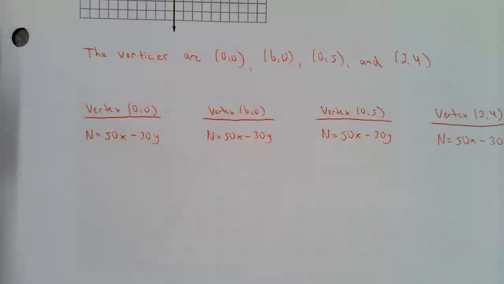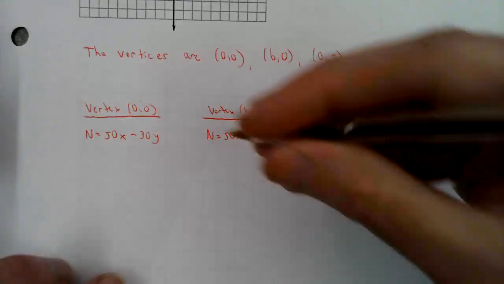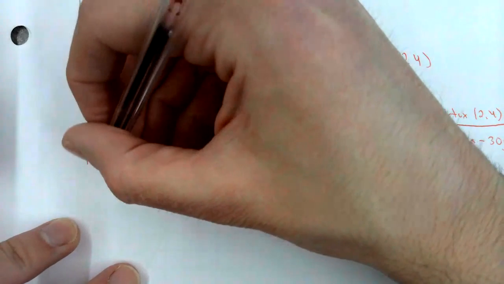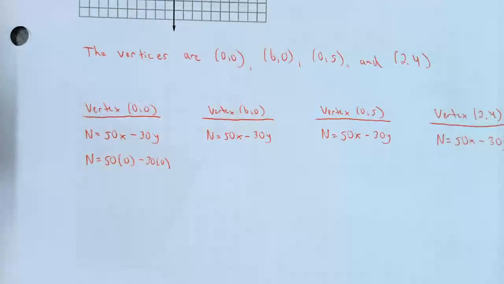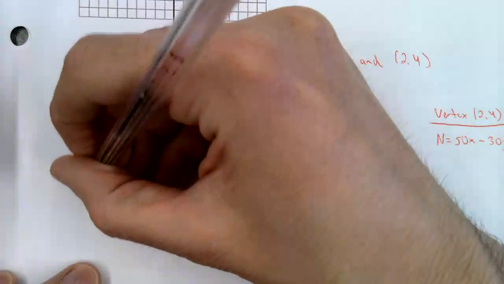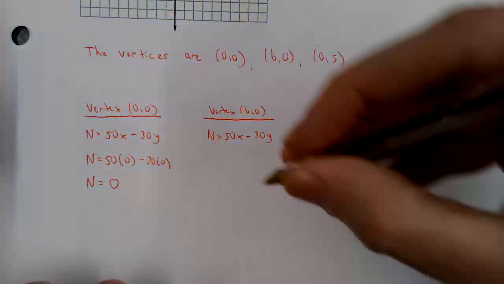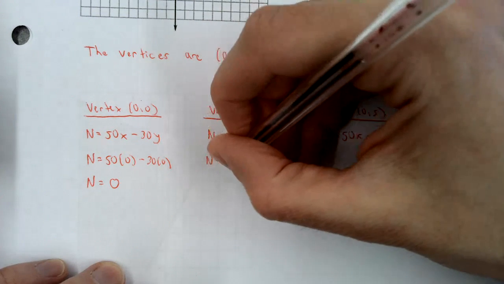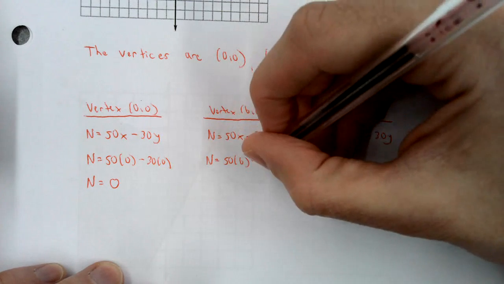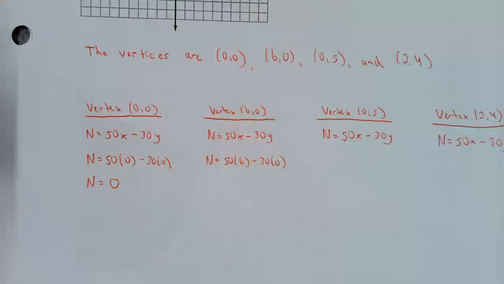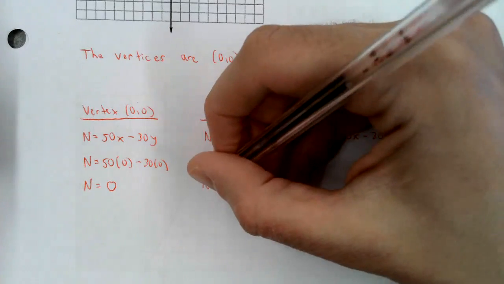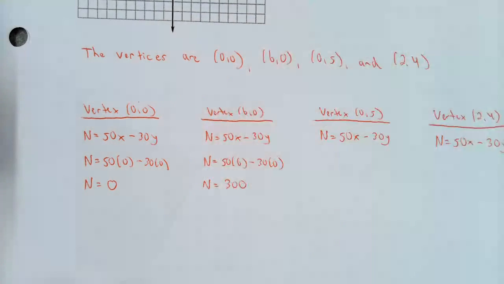Okay, the first vertex is going to be easy. 50 times 0 minus 30 times 0. That's going to be 0. All right. The next vertex, 50 times 6, minus 30 times 0. Well, that's going to be 300. Okay.